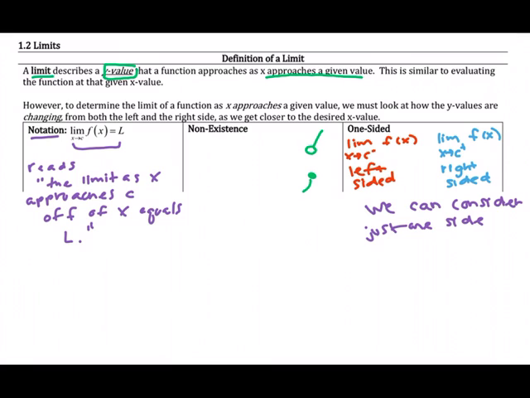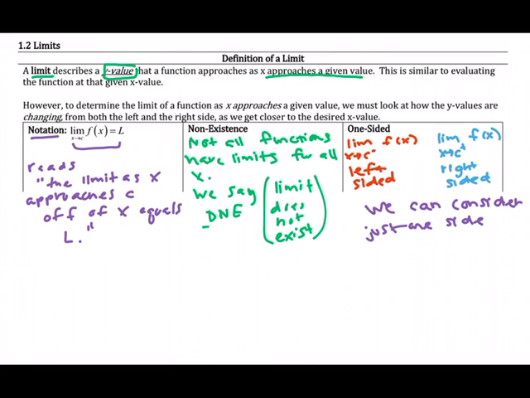And when that happens, we say that the limit does not exist. So when the limit does not exist, we use DNE to say the limit does not exist. DNE.